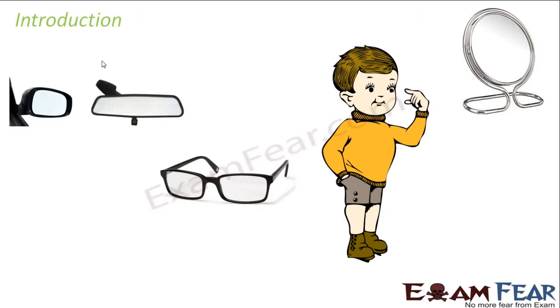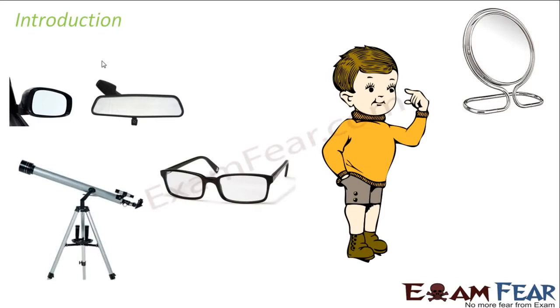There is a rear view mirror which enables you to see the traffic coming behind you, right? The telescope enables you to see objects which are far away from you. There are different types of telescopes which also help you to see heavenly objects. Some of the telescopes are also used for scientific purposes, for studies of astronomy and things like that.